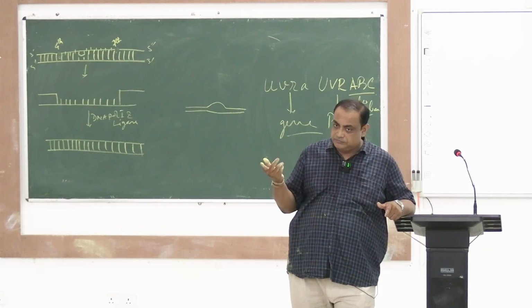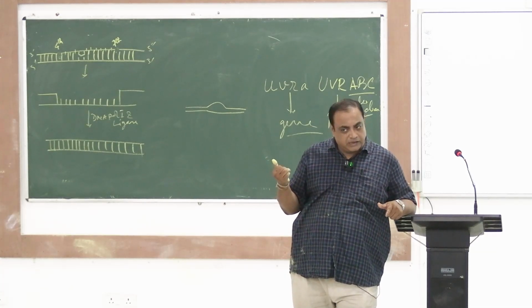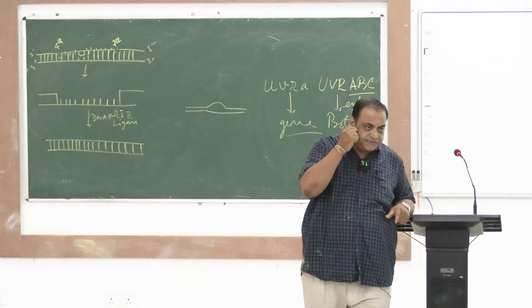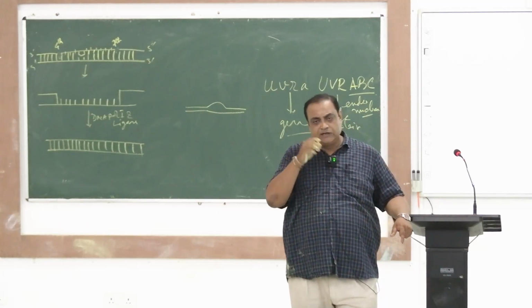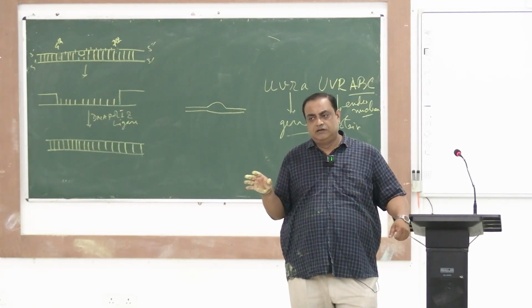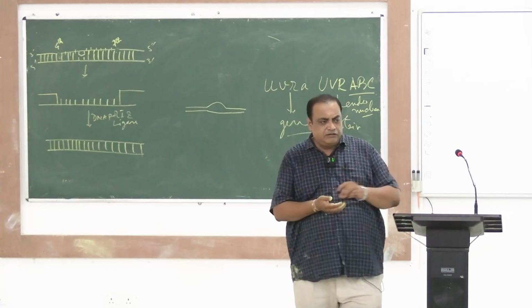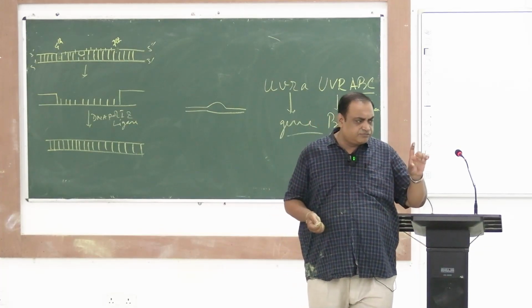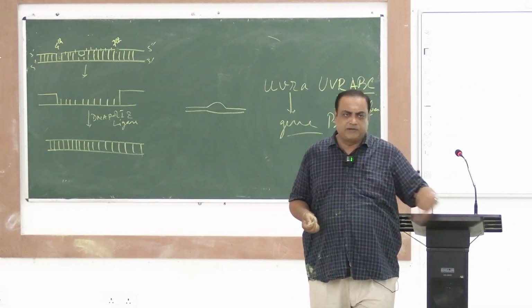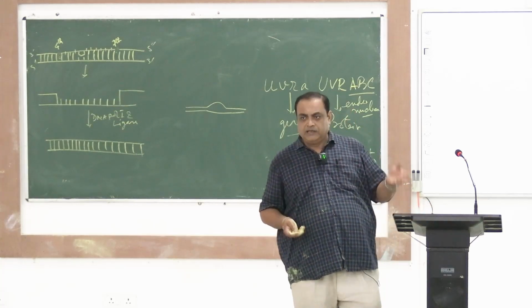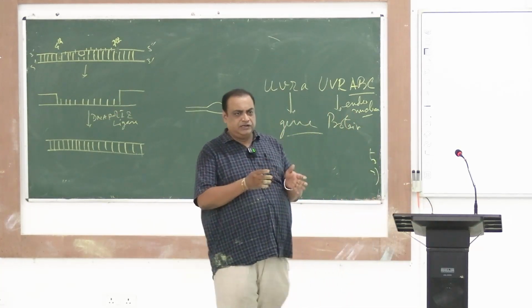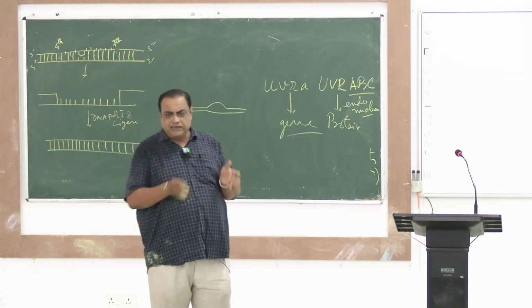Where will you go to ask for it? Right? Similarly, the cell has devised several types of repair mechanism, but it will run simultaneously. It will decide on its own which to be applied when. It depends on the stage of the cell cycle where it is actually working.